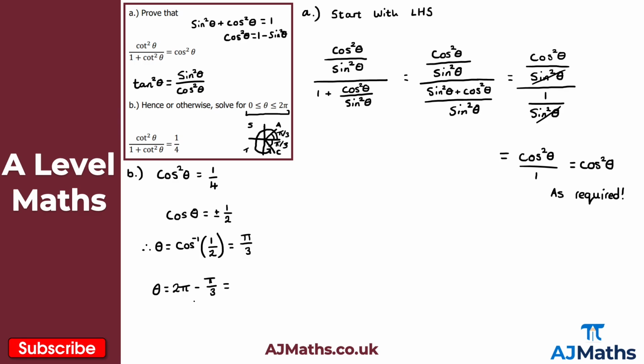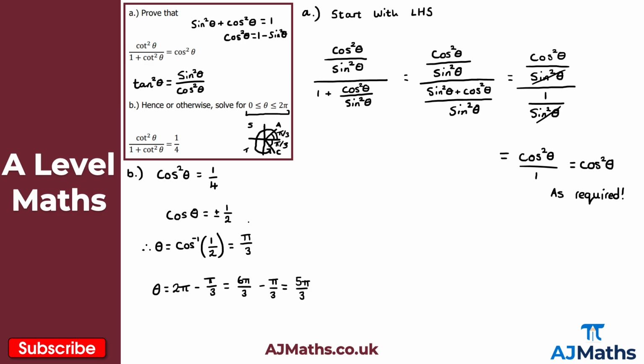So that's the same as, times 3 by 3, 6 pi over 3 minus pi over 3. And that gives me 5 pi over 3 there. So that's my second solution. And clearly any more solutions now would fall outside of this domain. So that's the full set of solutions for the positive case.